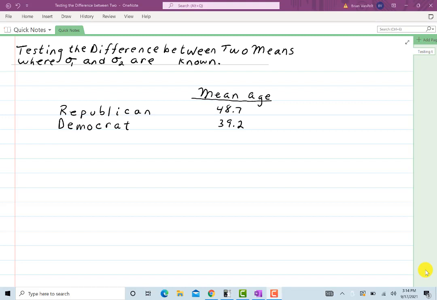So basically, what we're going to do is look at situations similar to this. We're going to have two groups, two different populations, and it's quite possible that they'll have two different standard deviations. So let me start with some definitions and go from there.